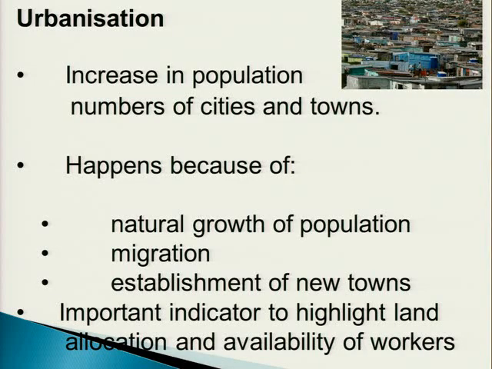Now, how does urbanization happen? Because of the natural growth rate of the population, babies that are born, people that are dying, migration, people coming from other countries to our country, and it can also be the establishment of new towns in certain areas.